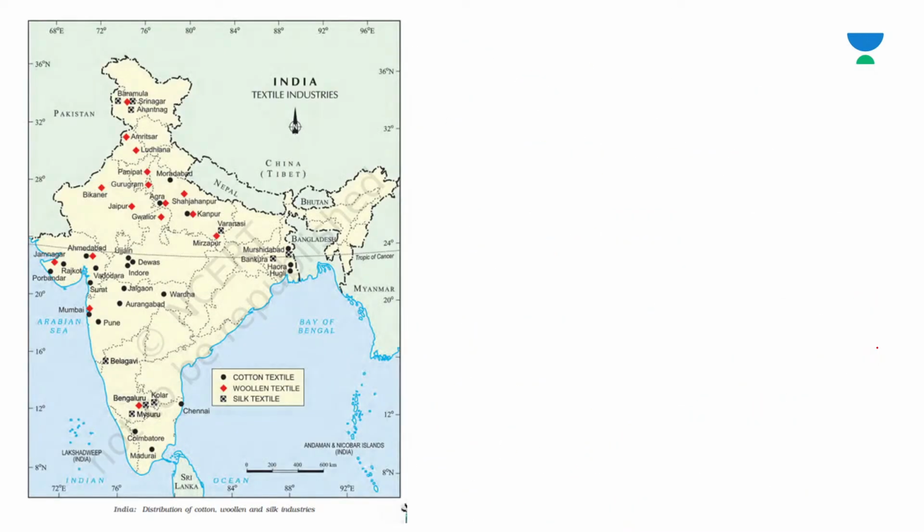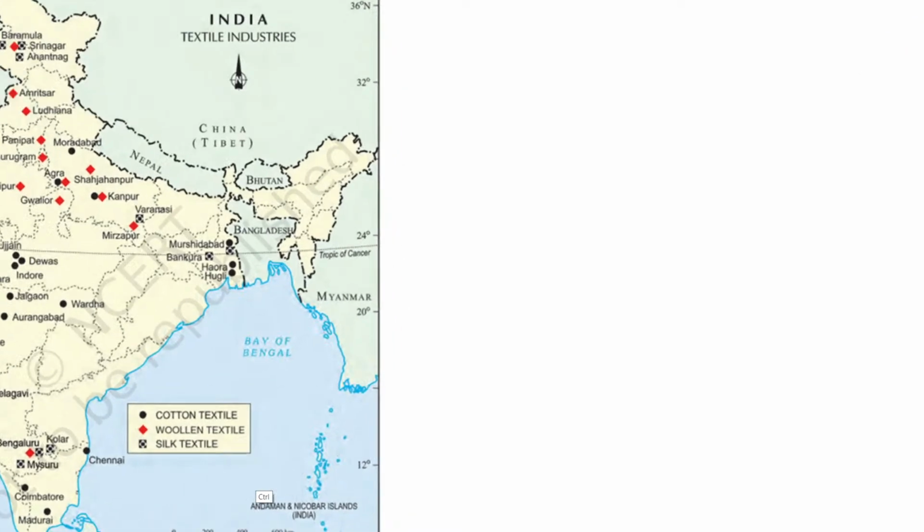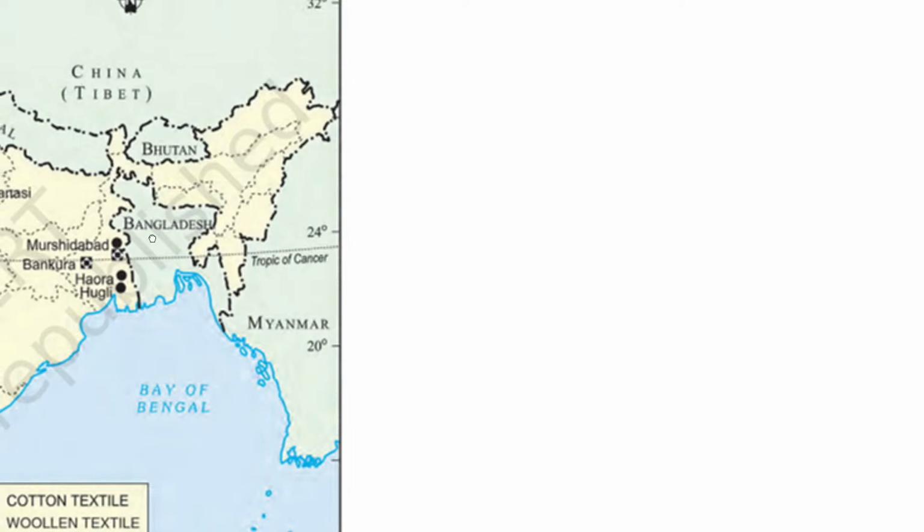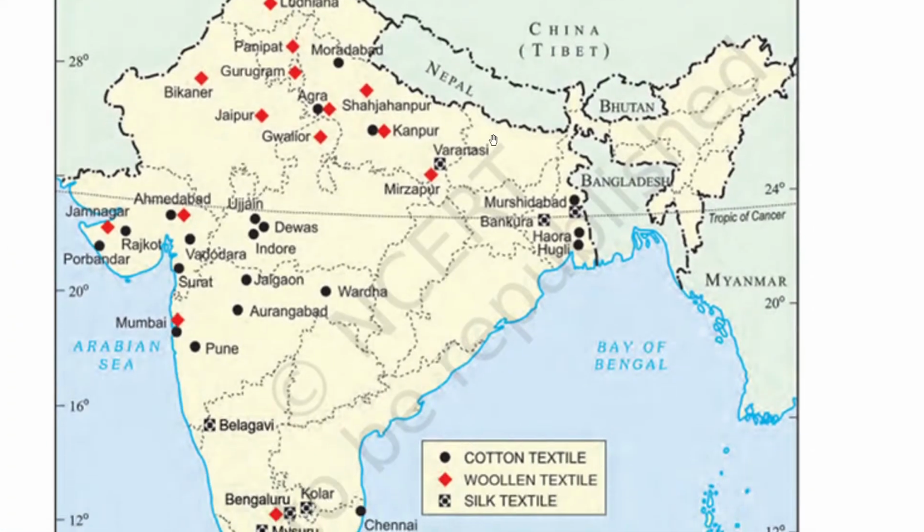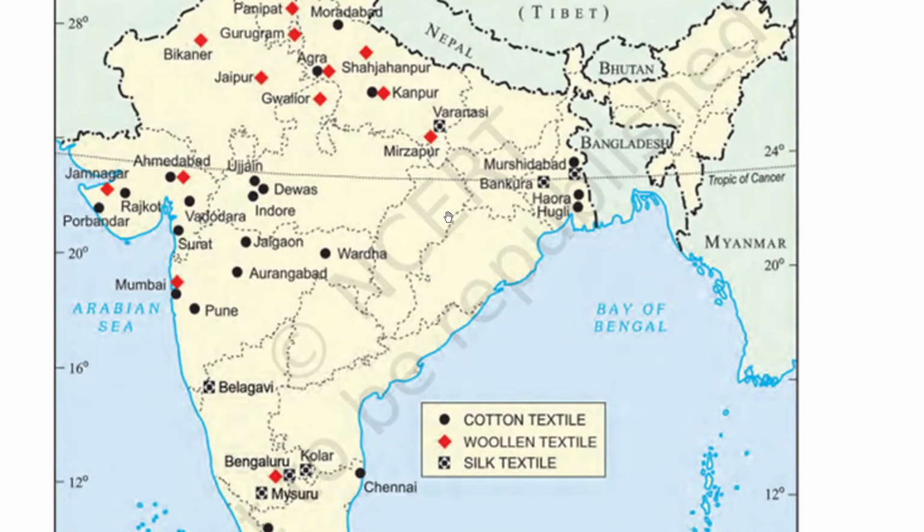Now the cotton textile centers: Moradabad in North India, then Agra, Kanpur. In West Bengal, like Murshidabad, Howrah, Hooghly. In the western part, like Ahmedabad, Porbandar, Rajkot, Vadodara, Surat.